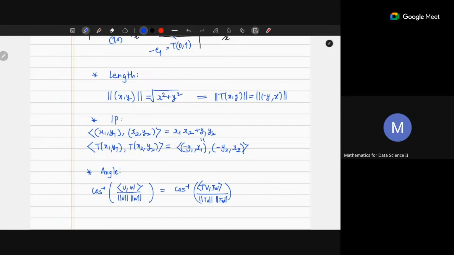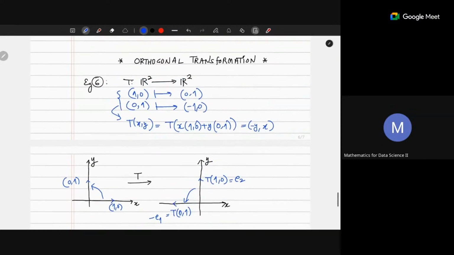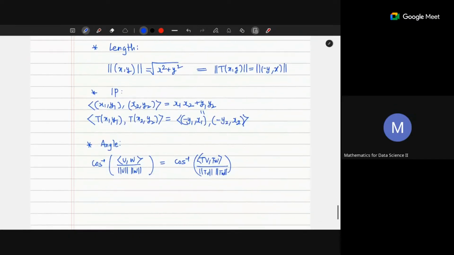So this map preserves the length, because the image and the actual vector have the same length. The length is preserved, the inner product is preserved, and the angles are also preserved.